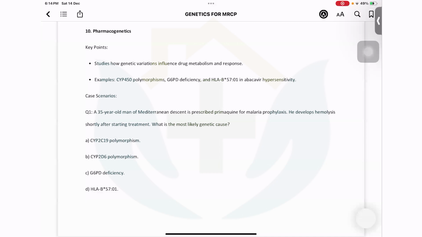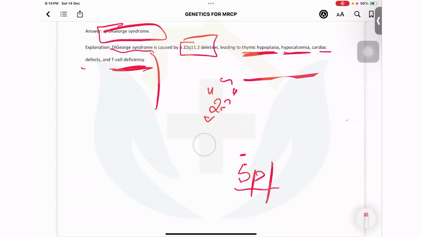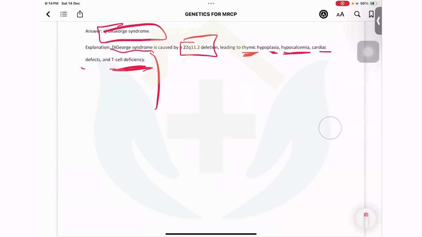Yes. Okay. So basically, DiGeorge syndrome we study in pediatrics usually, but for us in genetics, it is an important disorder because it is associated with a particular kind of genomic deletion, a deletion of the second band on the 11th segment of the long arm of chromosome 22. In effect it is basically a pediatrics domain.